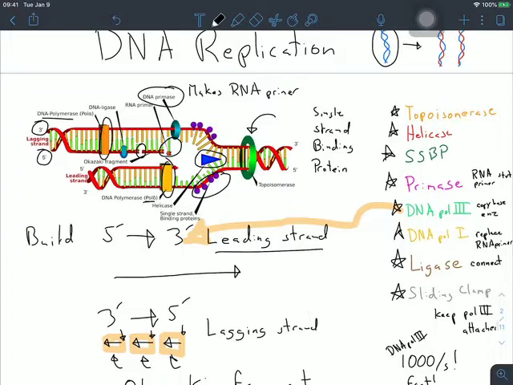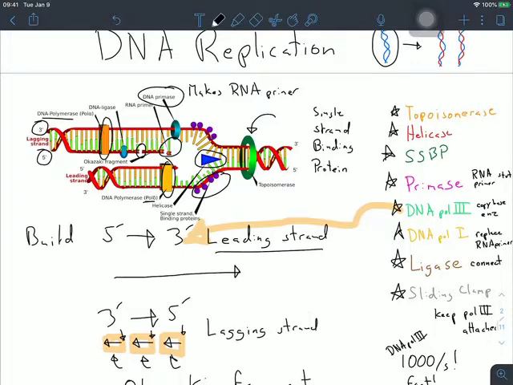Your primase is going to come to those single-stranded binding proteins and naked nucleotides to attach an RNA primer to tell DNA polymerase 3 where to start. DNA polymerase 3 will bind at that RNA primer and start copying the bases. It's kept firmly in place so that way it does not slide off the DNA by the sliding clamp.